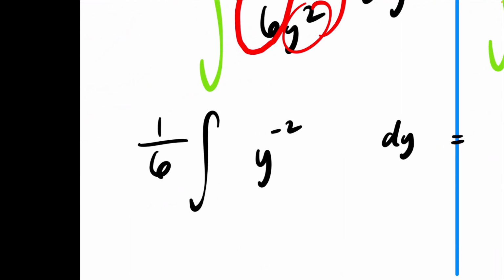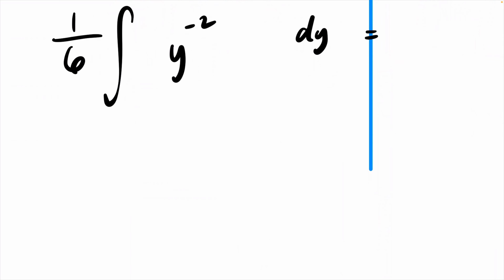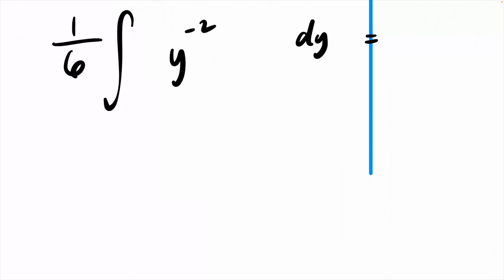Now I can do antiderivative, right? Add a power, divide by that same power. So I have 1/6 times, if I add a power, it's going to be -1 power, right? And then I'm going to divide by -1.